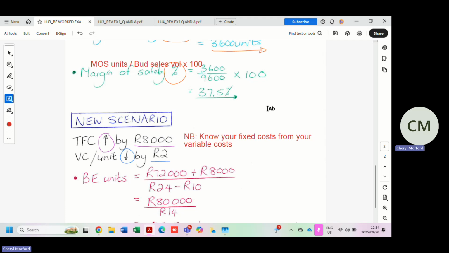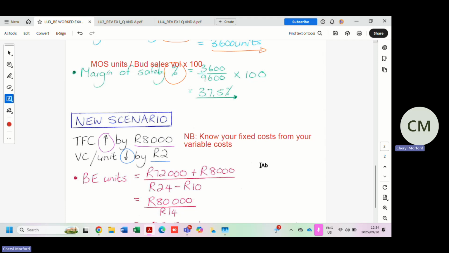Fixed costs are going to be things like advertising and those sorts of things. Variable cost is any kind of material, direct labor, or any cost item that increases or decreases as your units produced or sold increase or decrease.